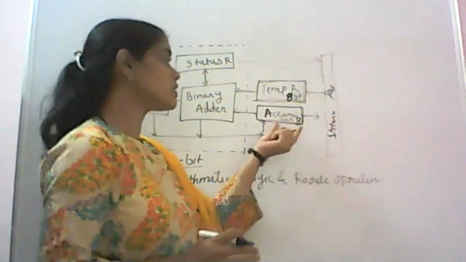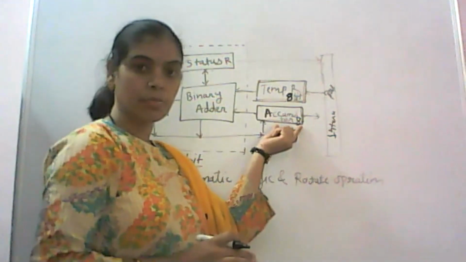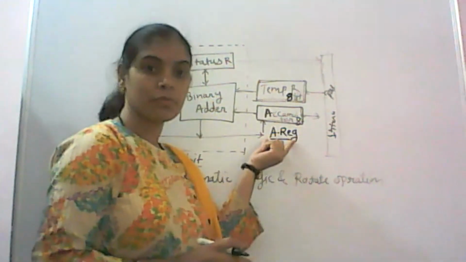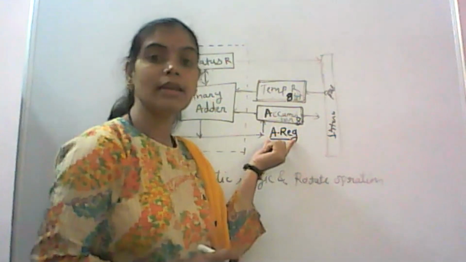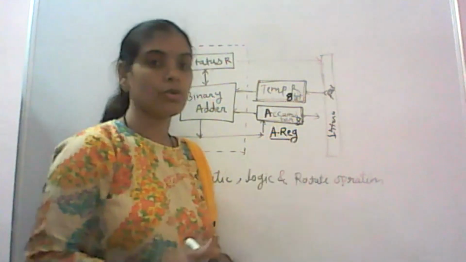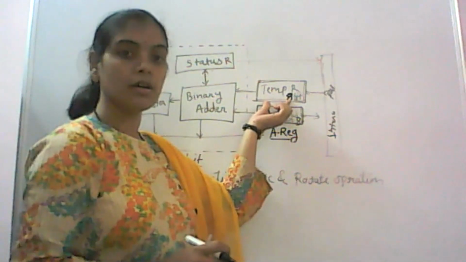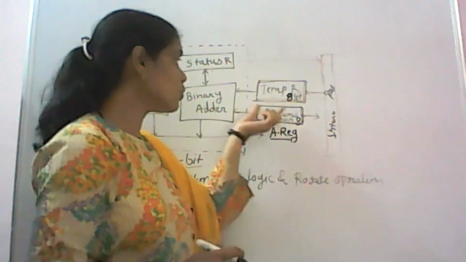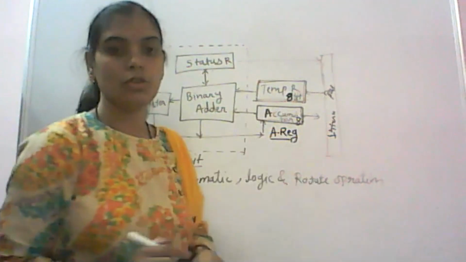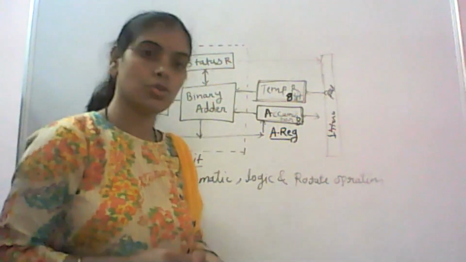This accumulator register is an 8-bit register denoted by A. The temporary register is also an 8-bit register.